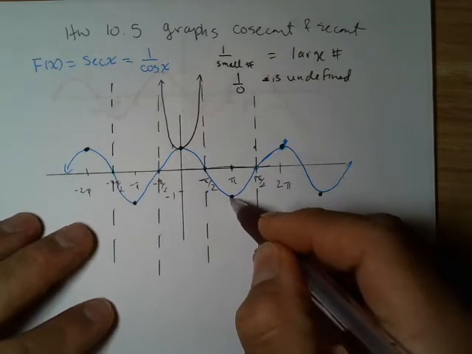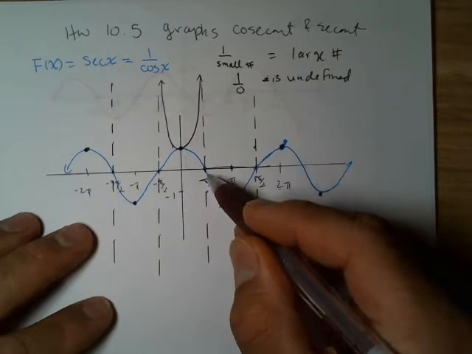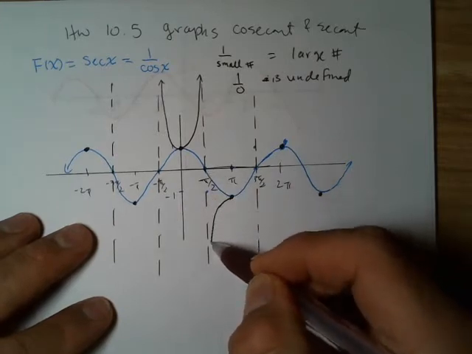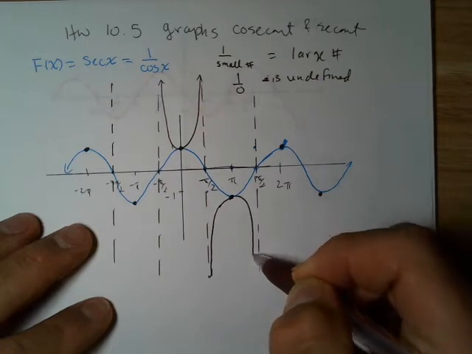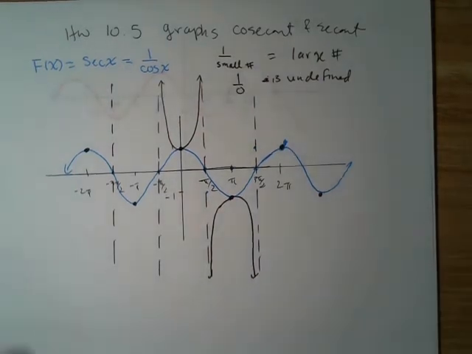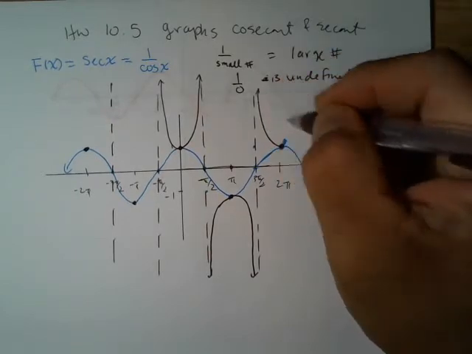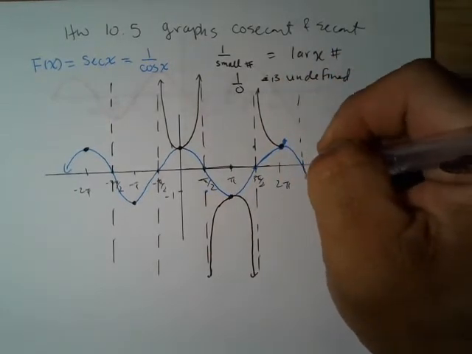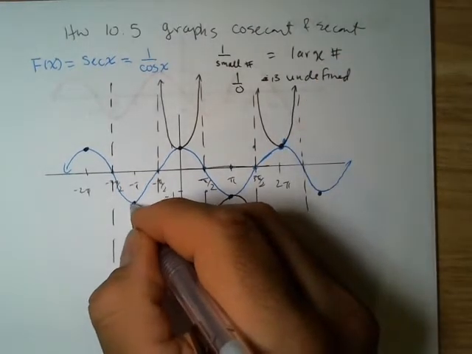So it shares the point negative 1, but beyond that, as this goes closer to pi over 2 on this side, it does something like that. And with the asymptotes drawn, the graph of the secant looks something like this.